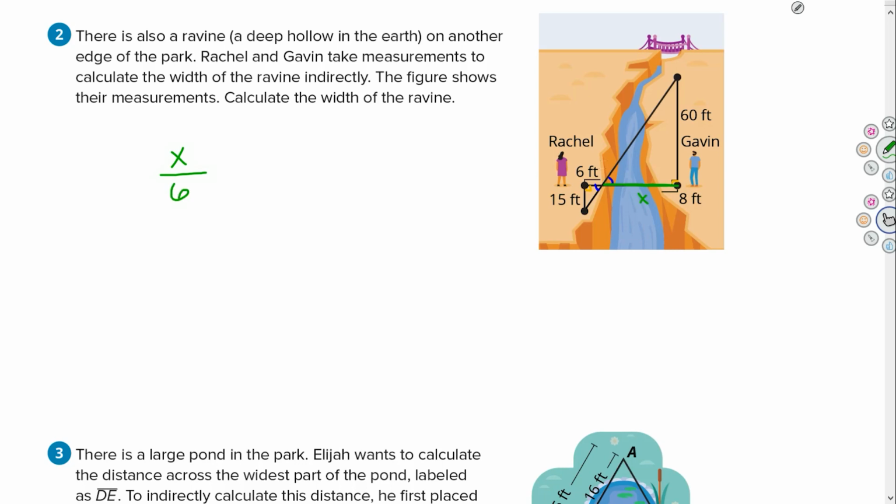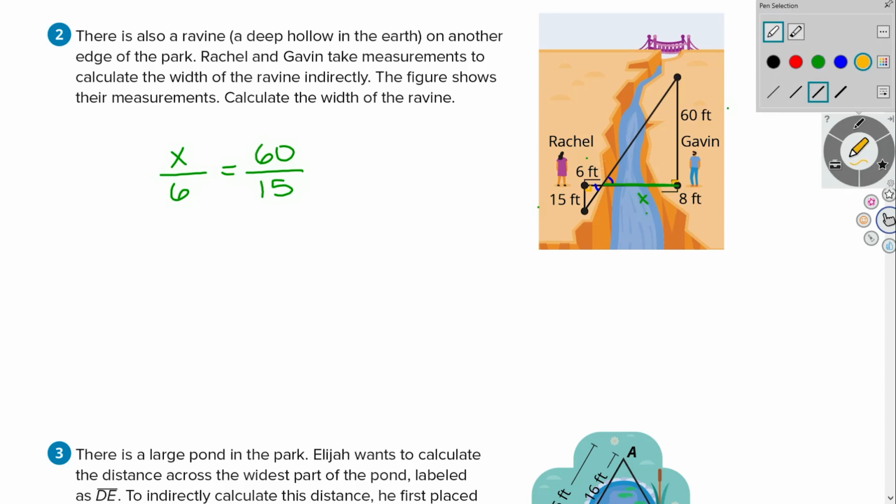Those correspond to each other. Then the length that Gavin walked is 60 divided by the length Rachel walked, which is 15. They're corresponding ratios. Again, x over 6 equals 60 over 15.